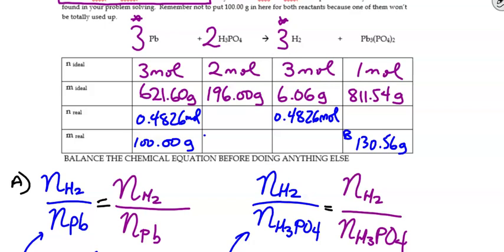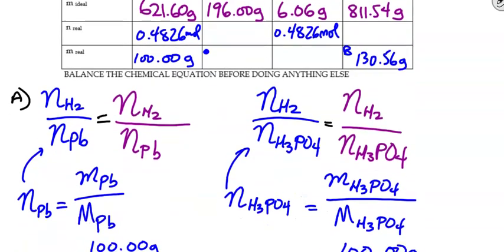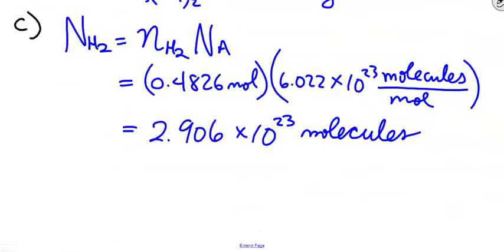So that should be filled in there. The next thing we're going to find out is how much got used, and we're going to subtract that from 100 to find out how much is left over. So for that, we're going to use our magic square, our mass of H3PO4 used.